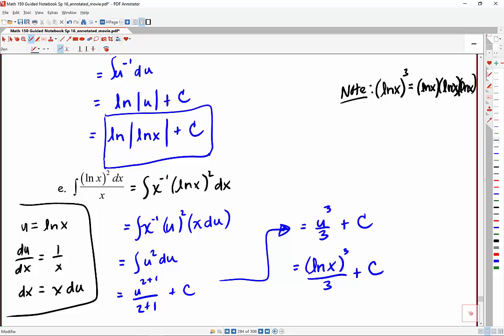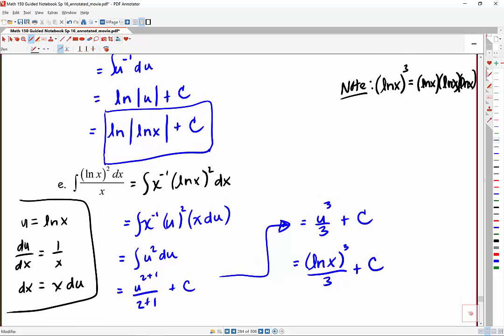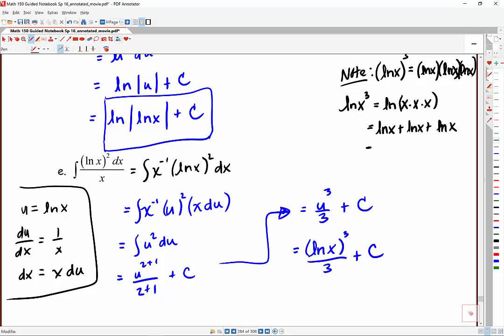Right? There's no property of logs for the product of 3 logs. Now, if you have natural log at x cubed, where it's not the natural log being cubed, it's what's inside the log, this is natural log at x times x times x, which is natural log at x plus natural log at x plus natural log at x by properties of logs, which gives you 3 of those natural log at x's, right?